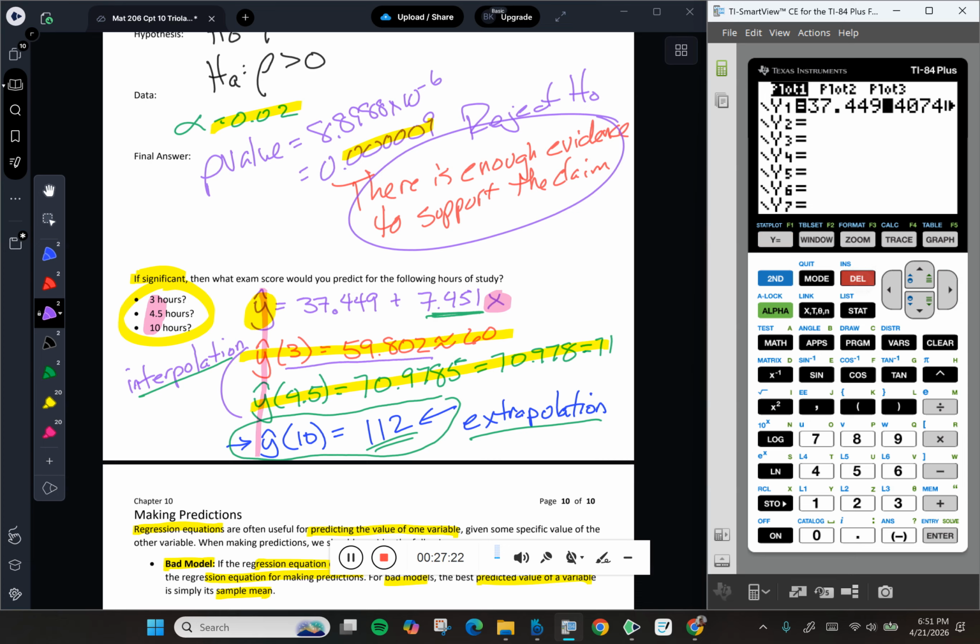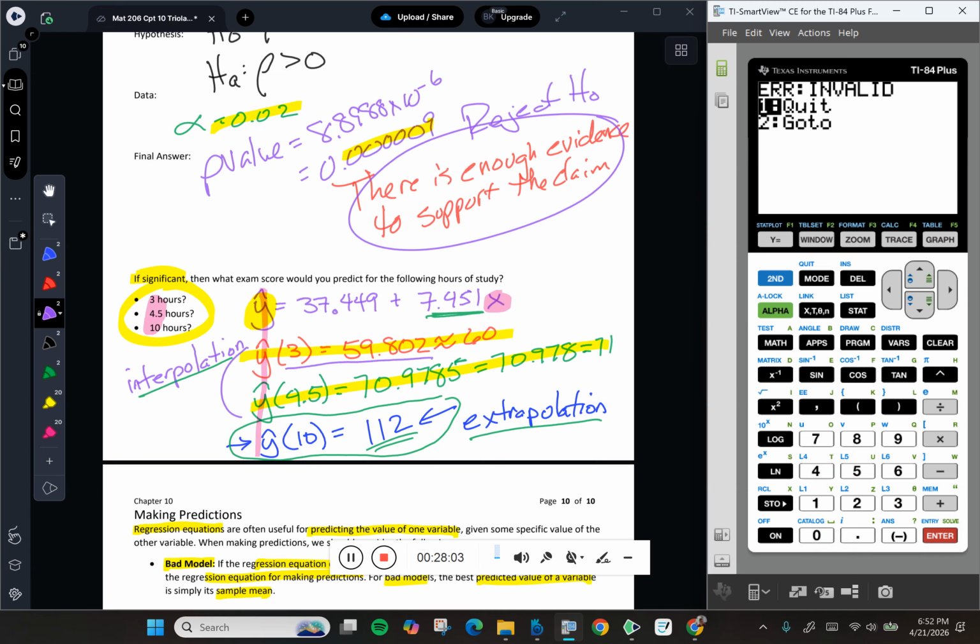So if I were to go in there and delete out those extras and just round it to 3, and round the slope to just 3, I swear sometimes my fat fingers make me crazy. And then go back to the graph and go back to trace and go to 3. There's my 59.802. And then go to 4.5. And there's my 70.9785.